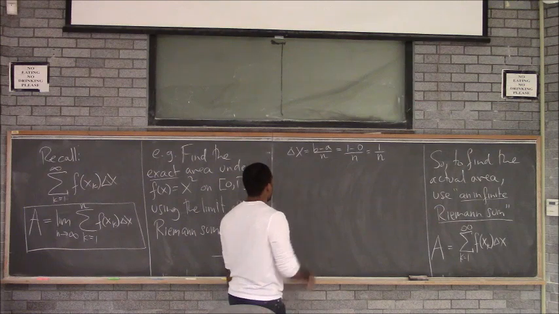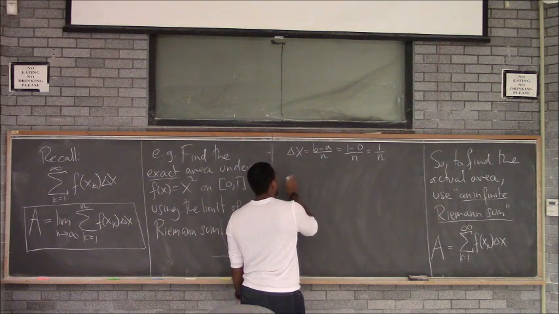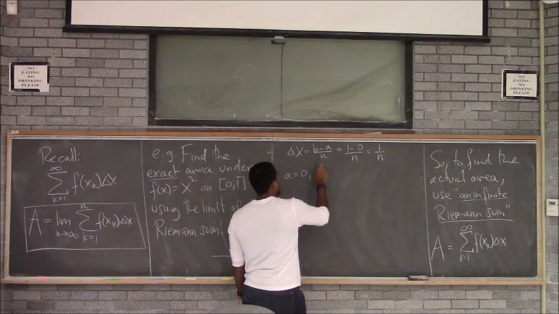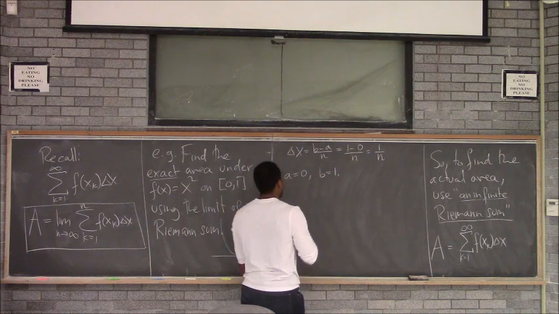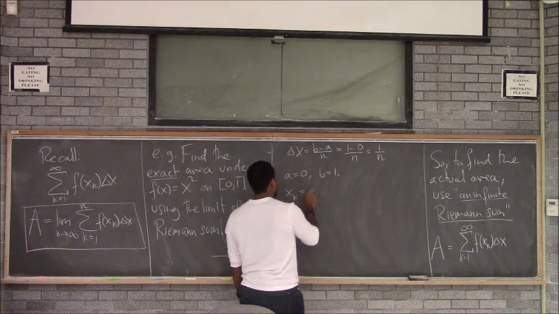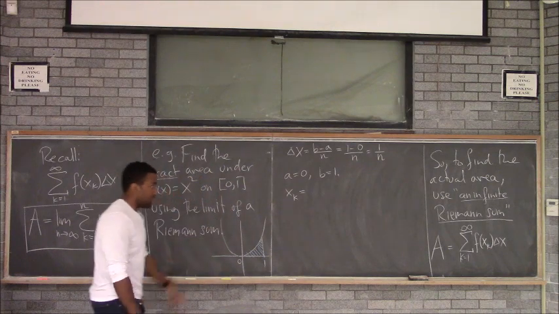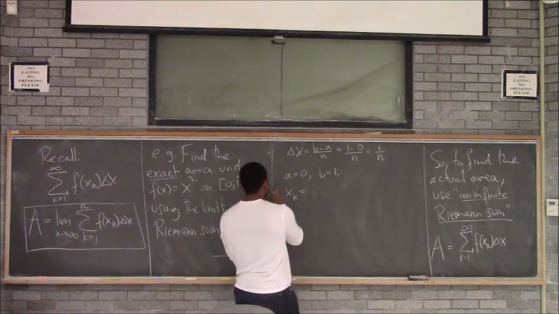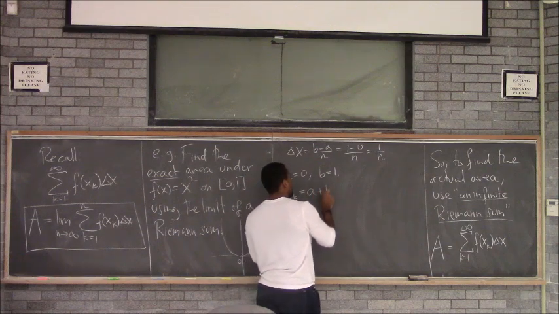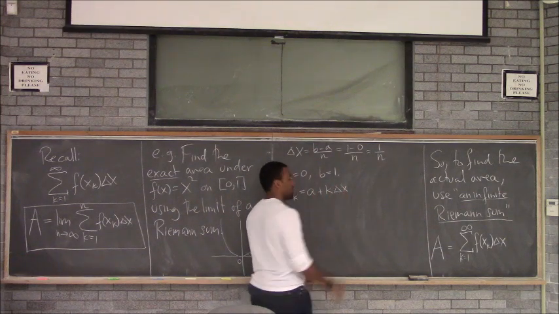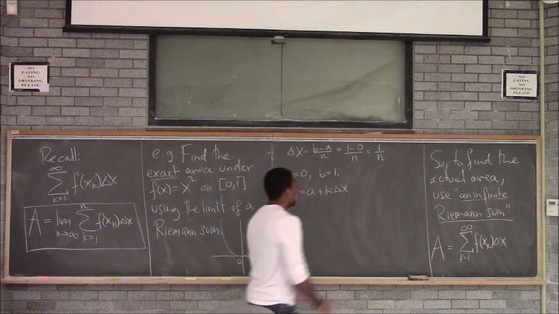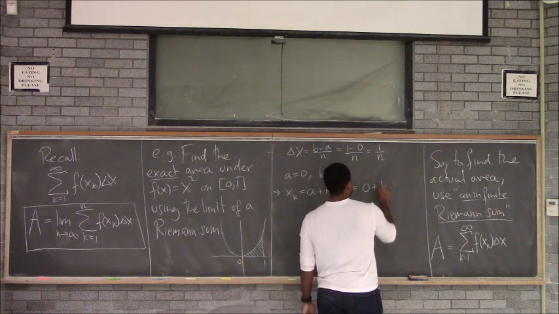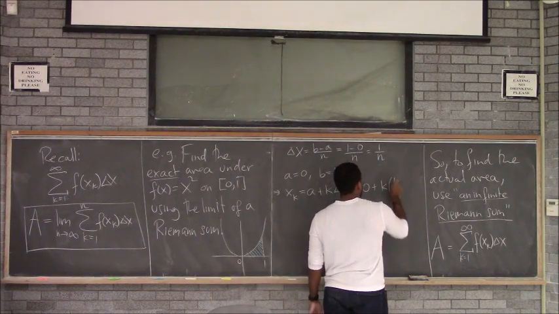So now, we know that our a equals 0 and our b equals 1. I want to know what do the xk's look like. And last time I gave you an equation that gave you the xk's. It's a plus k times delta x. So that's going to be 0 plus k times 1 over n.